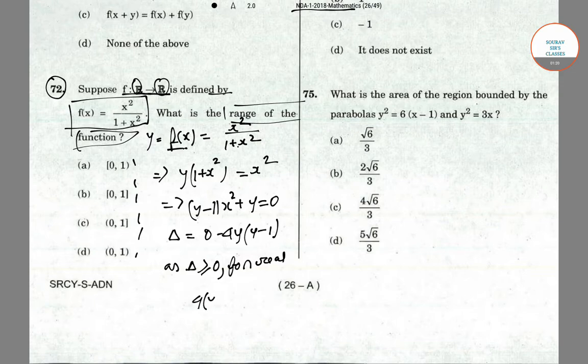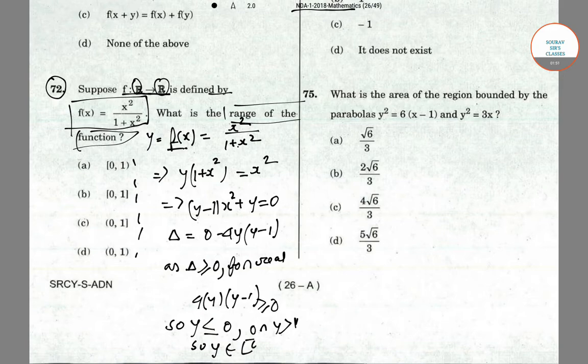So 4y(y − 1) will be less than or equal to 0. So y must be greater than or equal to 0 and less than or equal to 1. So y can't be greater than 1, it won't be like this, it will be like this.